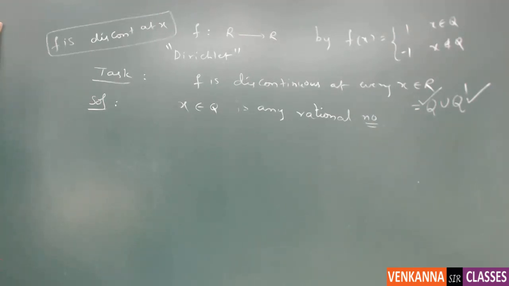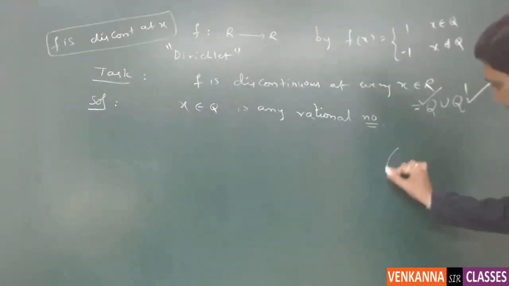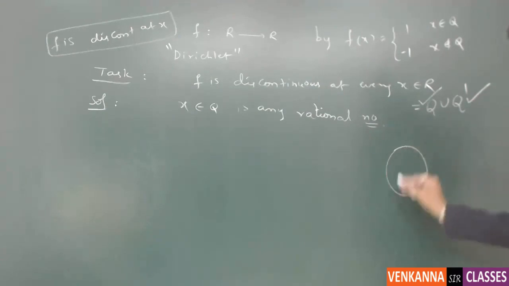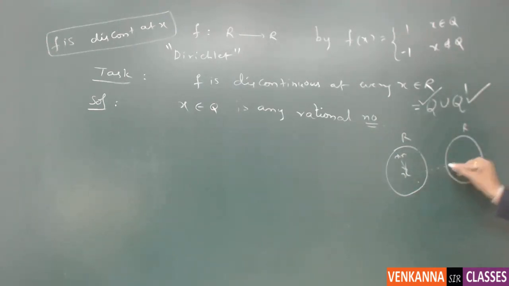If you have a little confusion, let us draw a picture that gives an idea. So in the domain R, I can consider any sequence which is converging to x. f of x will be here, and the corresponding image sequence will be here.